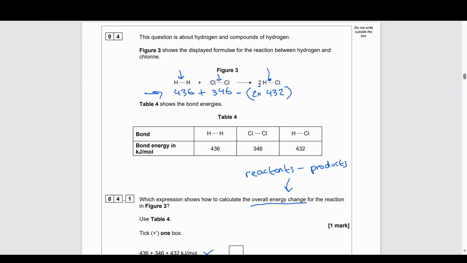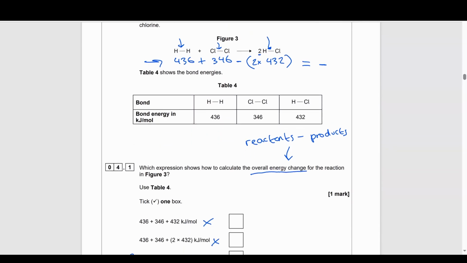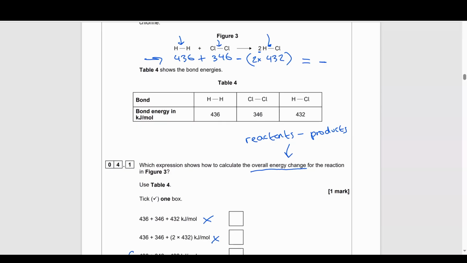But if it's an exothermic reaction, using our bond energy calculations, we would expect our overall energy change to be a negative value. So if it's a negative value, this means that the energy from the products would actually be greater than the energy from the reactants.